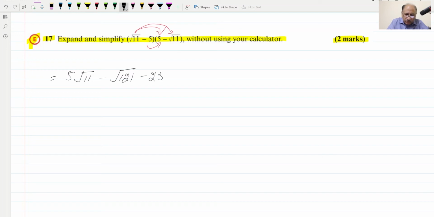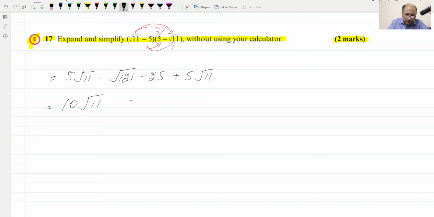So minus 25, and then we can multiply minus 5 with root 11, and basically both are minus, so it will be plus 5 root 11. Now further we can simplify 5 root 11 and 5 root 11 by adding like terms, so this will be 10 root 11.